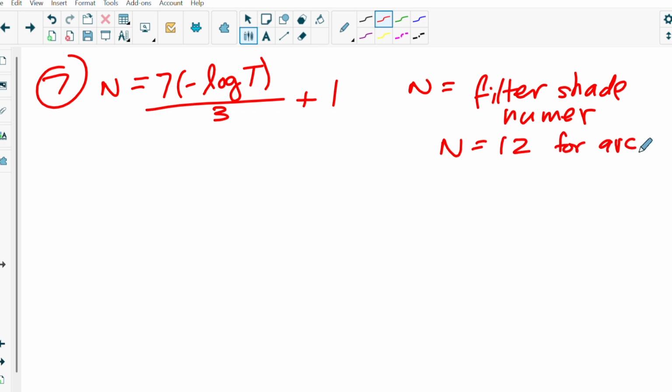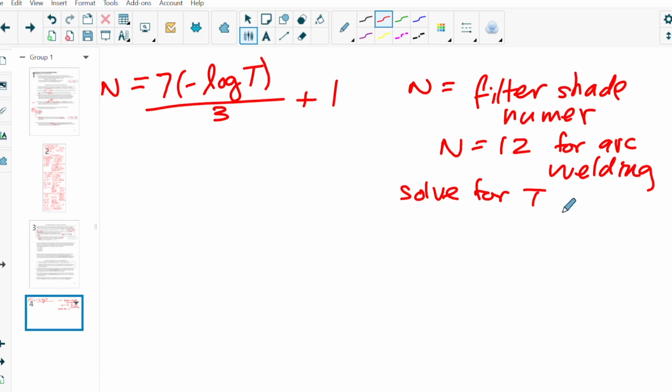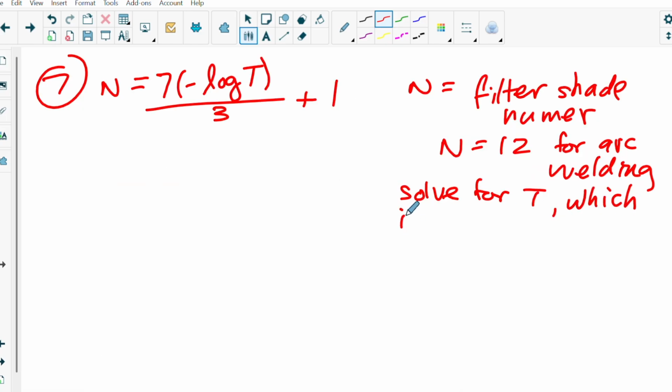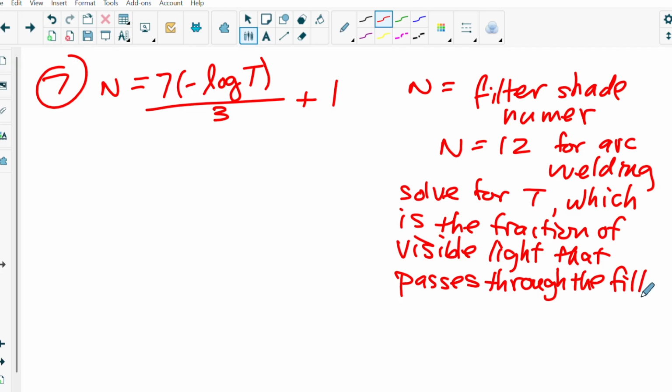And then solve for T. And what is T? Let's go back here. T is the fraction of visible light that passes through the filter.